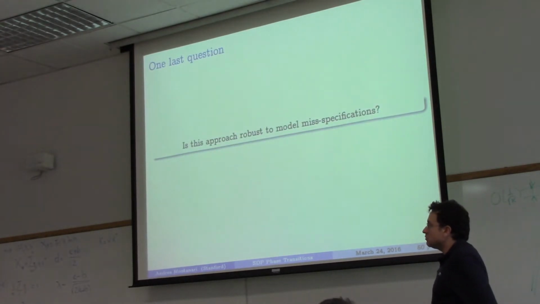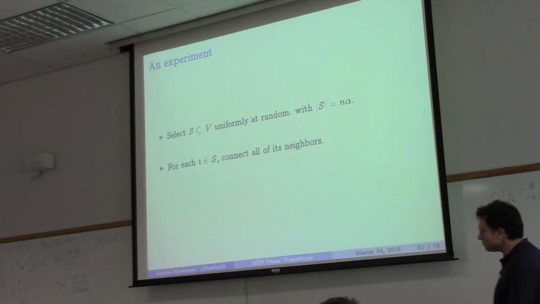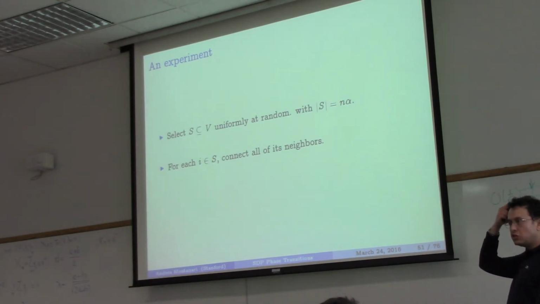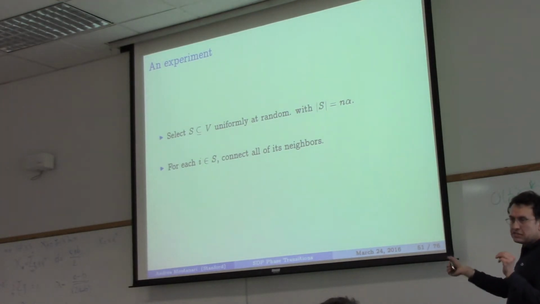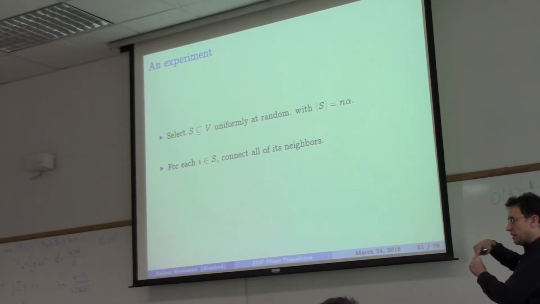Okay, one last thing that I want to talk about, how to do this in practice, is whether this approach is robust to model misspecification. After all, the model is not necessarily correct. So this is a small simulation that we did in which we take the stochastic block model and then we do the following. We take a fraction alpha of the vertices and we connect all of their neighbors.